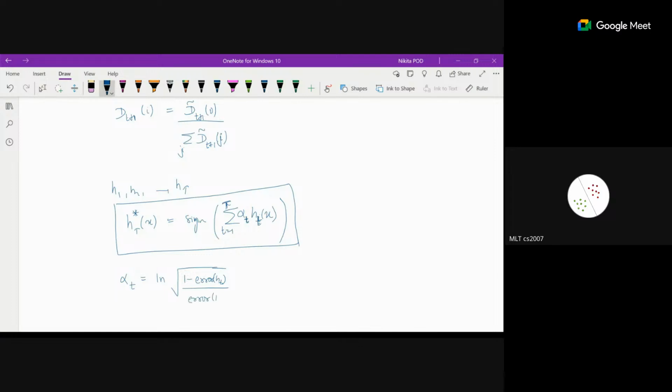Okay. So this is the final classifier in boosting.